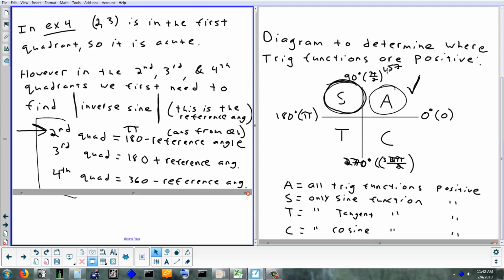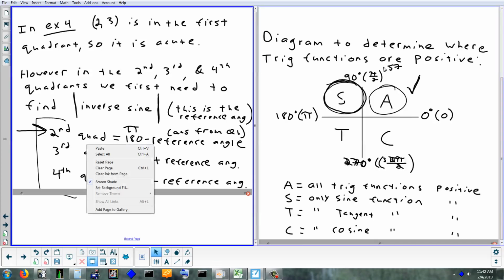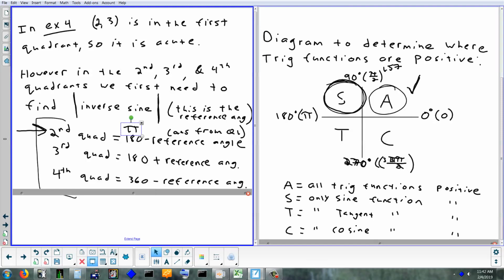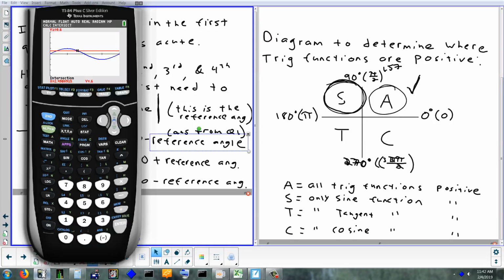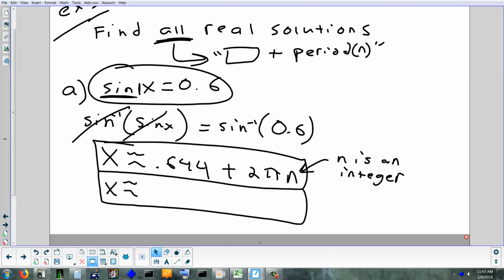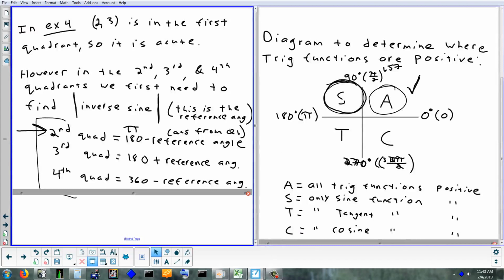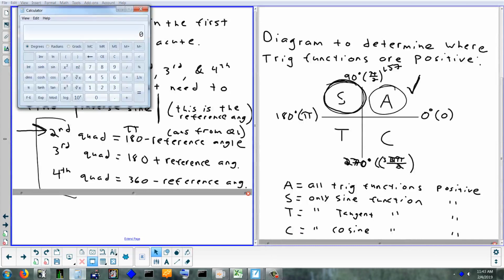So we know sine is positive in quadrant 2. There's the formula for quadrant 2. Do pi minus the answer you just got, and let's see if you get 2.498. So I need to go back to my answer for a second. 0.644. Let's do pi minus 0.644.